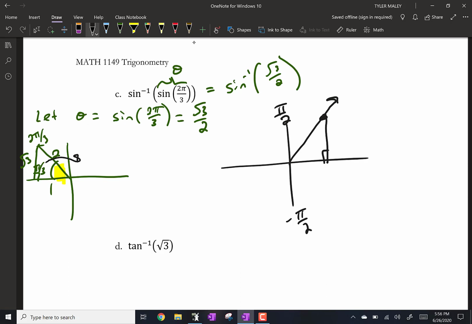So this angle is going to be π/3, because this would be radical 3, 1, 2. If I evaluate sine of π/3, I'm going to get radical 3/2. So this is just equal to π/3.